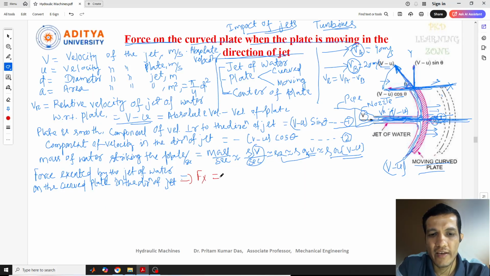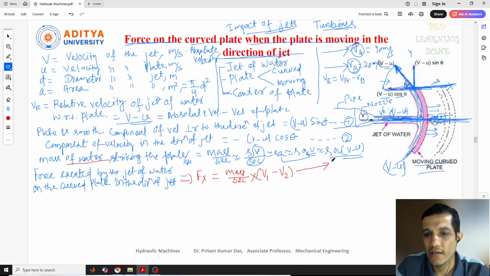Fx equals the mass striking per second into the initial velocity and final velocity. I'll write a shortcut here: the initial velocity v1 and the final velocity v2. This actually came from this equation, I'll give an arrow mark.